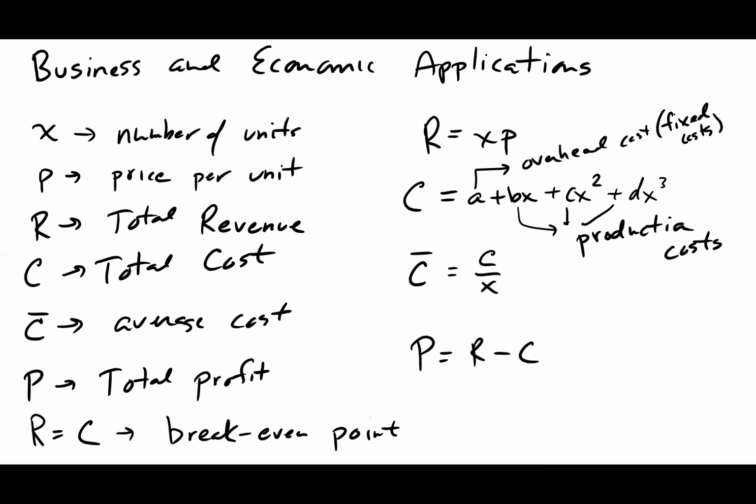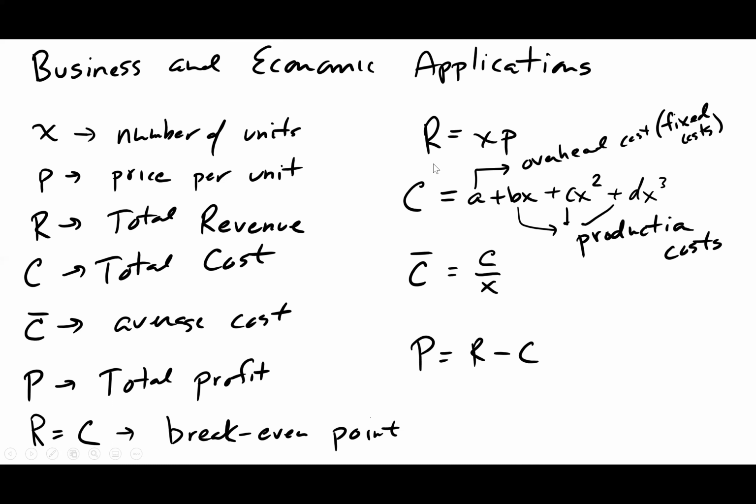So a, in this case, the book wants to write a as the first one. Don't like it that way, but that's the way the book does it. Here are our 4 formulas that we're going to use.